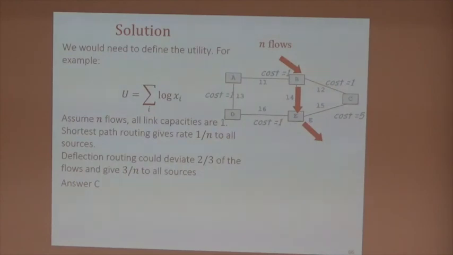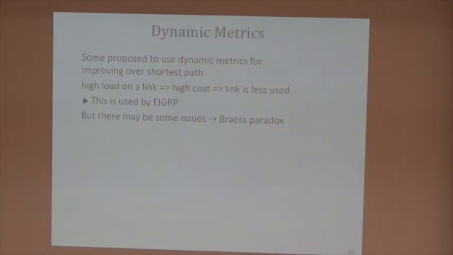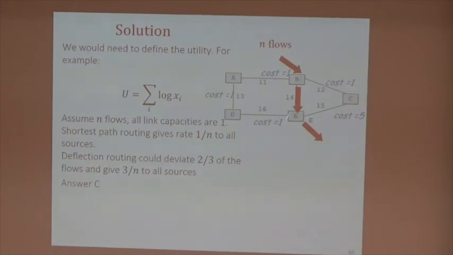So that's the idea. Now, what we'd like to see is that this apparently brilliant idea is not necessarily so brilliant because of something that is called Braess paradox. So Braess paradox is an instance of what occurs when everybody takes a local decision. So you have a problem. Here you see, for example, this link is very largely utilized.